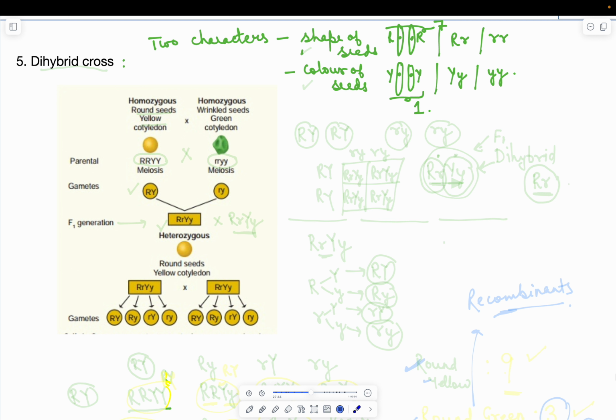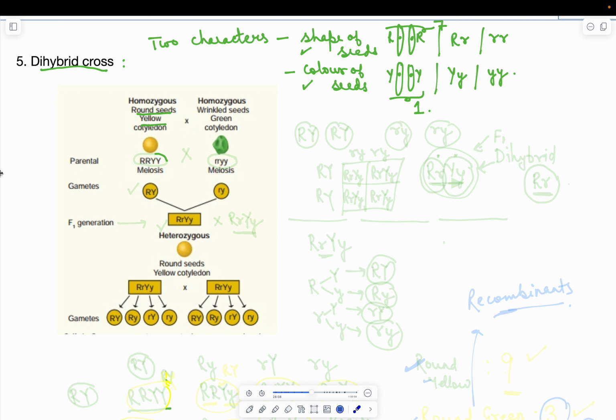So the two characters were considered together in the dihybrid cross. Now, Mendel selected a female plant which had these two characters, these two traits. The seeds were round in shape and the color was yellow.